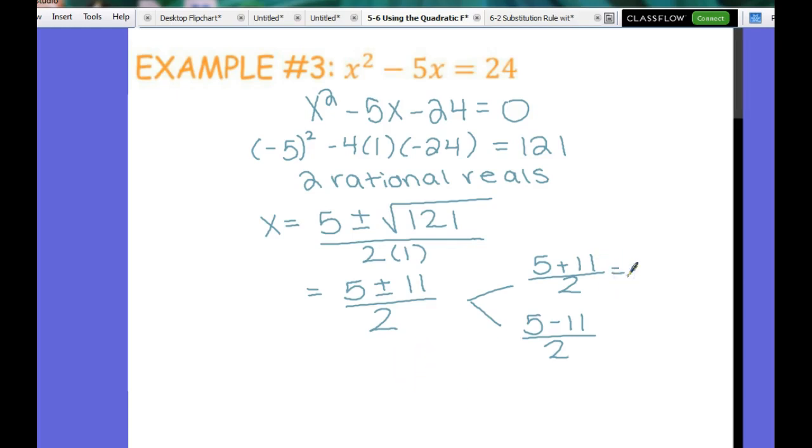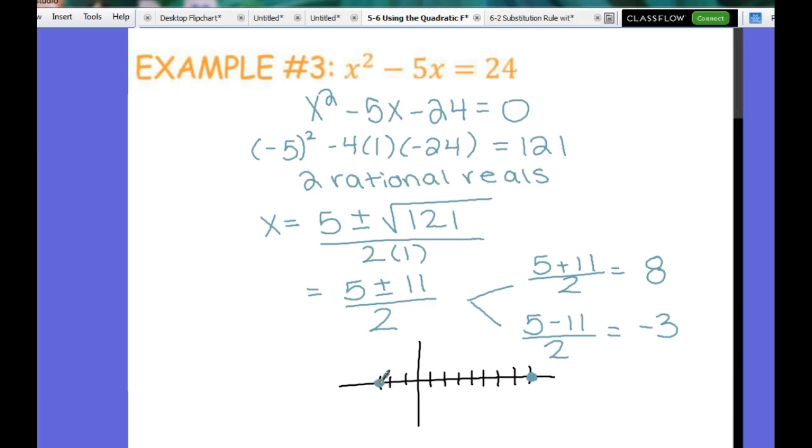So 5 plus 11 is 16. 16 divided by 2 is 8. 5 minus 11 is negative 6. Negative 6 over 2 is negative 3. So again, what this says is if I were graphing this, this quadratic would have points at 8, 0 and negative 3, 0.